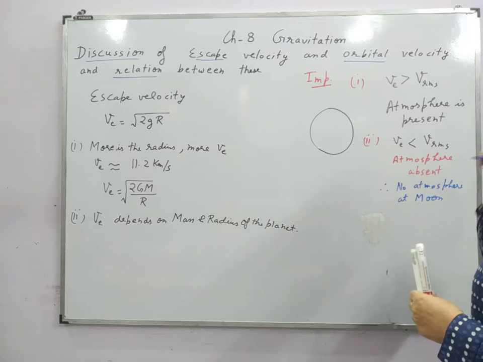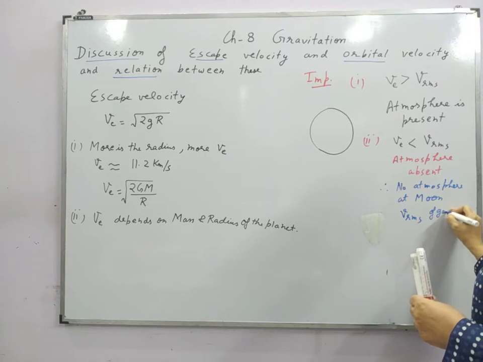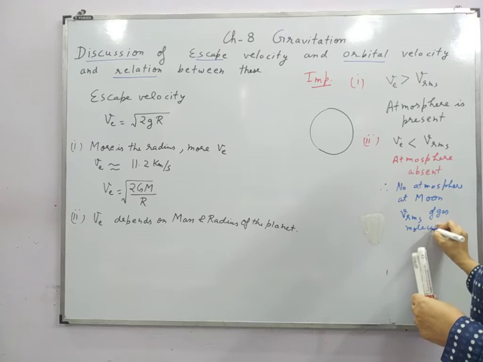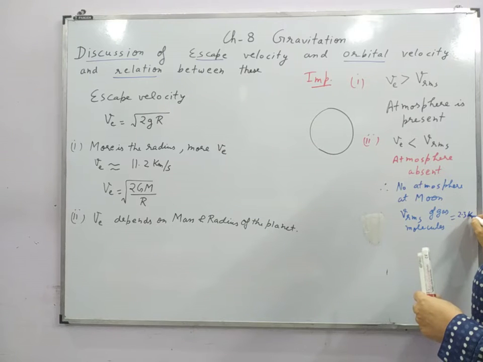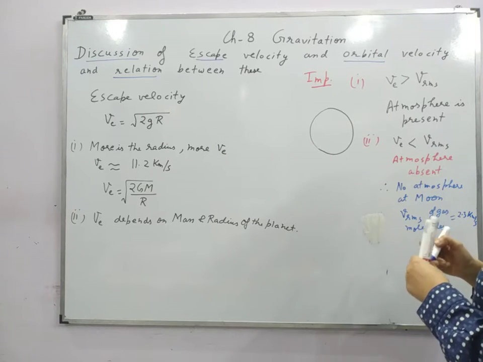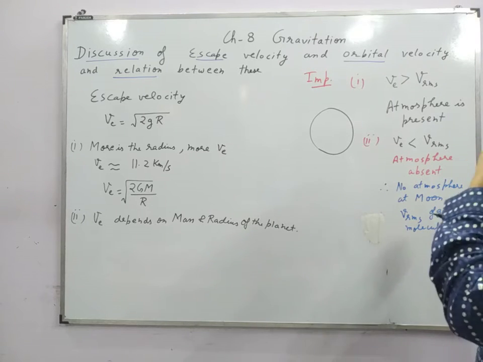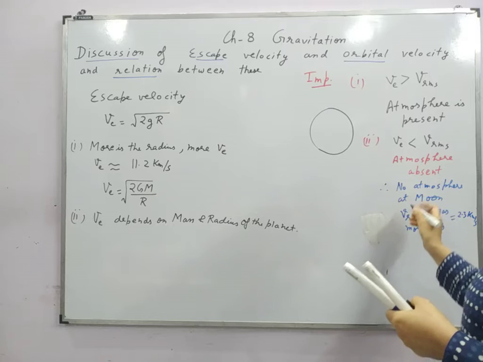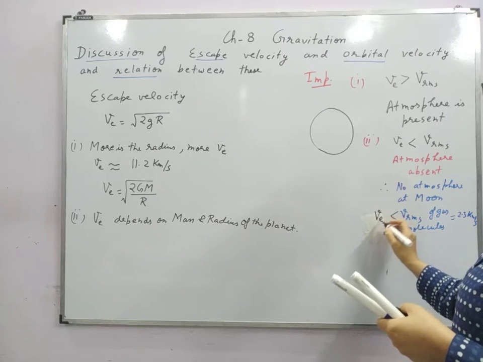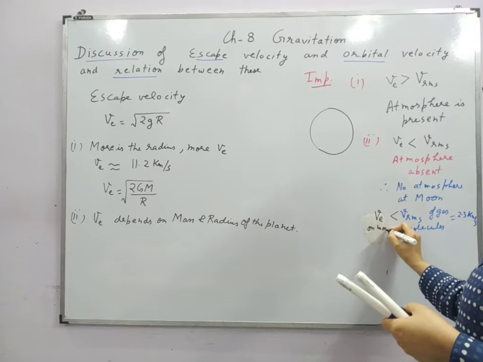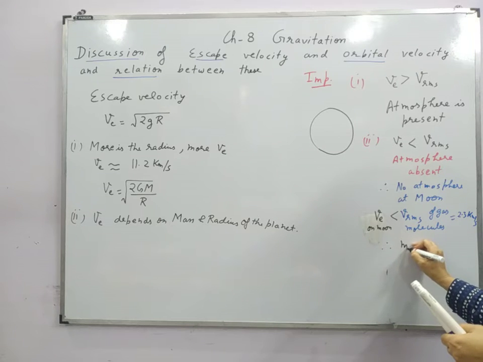Because there the VRMS of gas molecules is equal to 2.3 kilometer per second, which is greater than the escape velocity on moon. So the molecules escape.